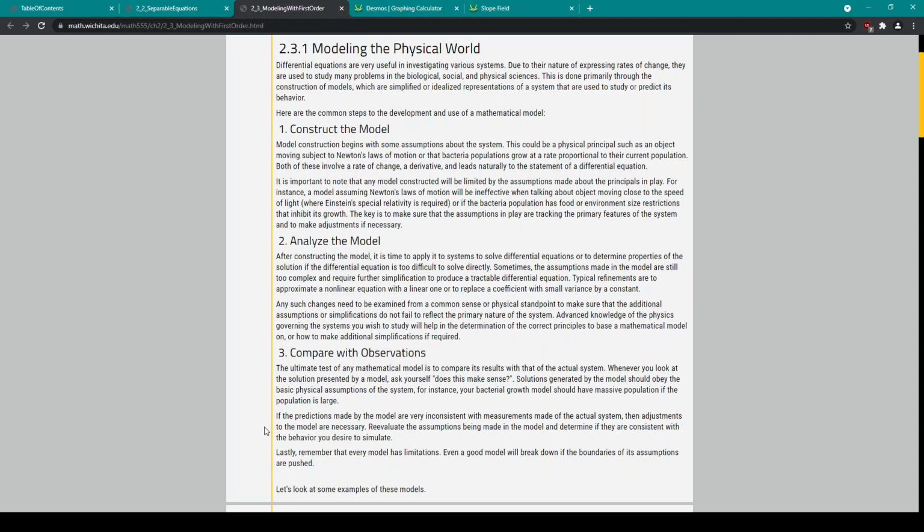Okay? So there are several different things that our model can be limited by.